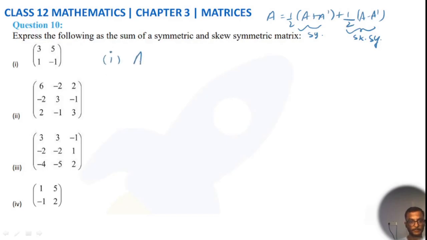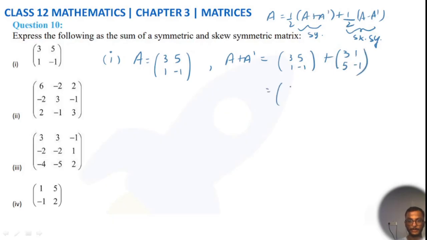Okay, first I am doing it here. So I am given with A equals to 3 5 1 minus 1. So what will be A plus A transpose? It will be 3 5 1 minus 1. A transpose will be 3, 1, 5, minus 1. 3 plus 3, 6. 5 plus 1, 6. 5 plus 1, 6. 1 plus 5, 6.